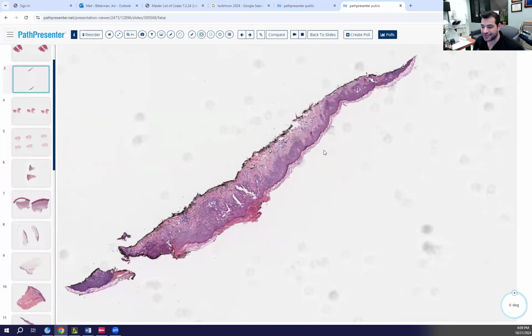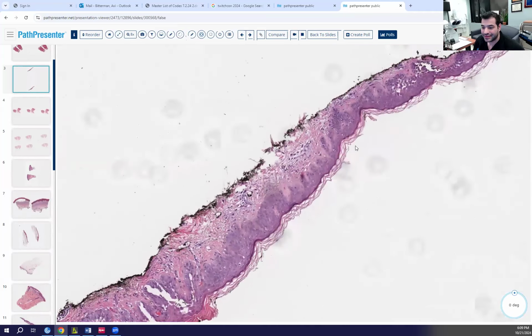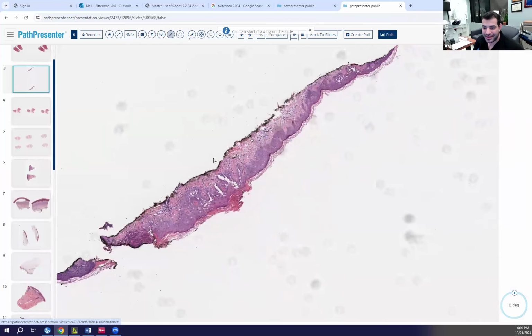All right, what do we see here? So the split here is at the basement membrane zone. Looks like there's acantholysis actually causing the so-called split, I guess, between the cells. Good, the so-called split. I like the way you worded that. And there is acantholysis. There's something in this area, and there's something in this area.